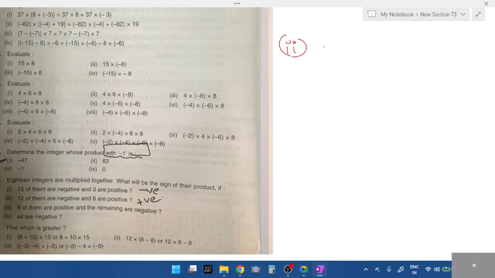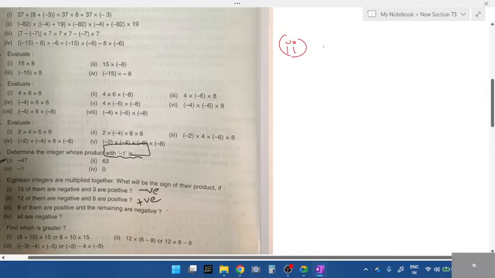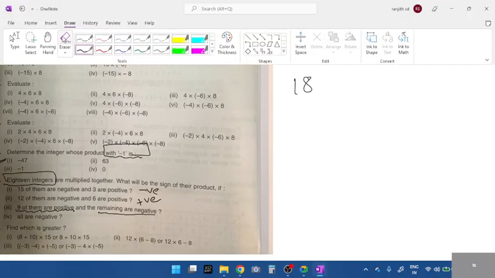Which one? Third one? 9 of them are positive. Okay, if 9 of them are positive, you are not reading the question properly. 9 of them are positive. Out of 18, the remaining are negative. Total, how many numbers are there? 18, right? If you take out 9, how much is left? 9.